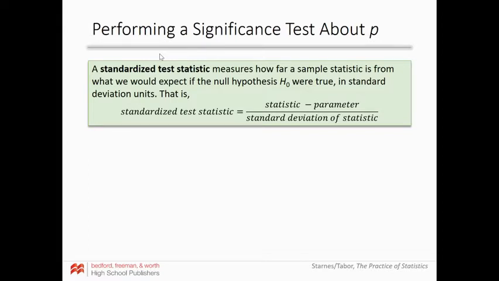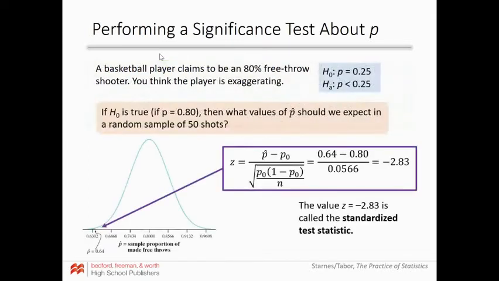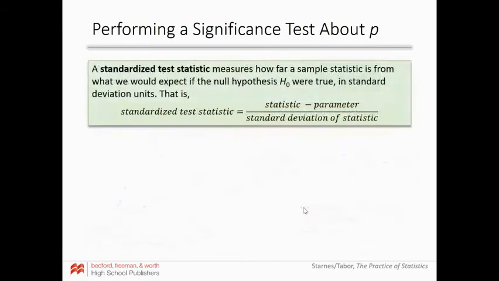So it's basically how many standard deviations it is away from the mean. In this case, 0.64 is about 2.83 standard deviations less than the mean. We find that z-score by doing the statistic minus the parameter divided by the standard deviation of the statistic.